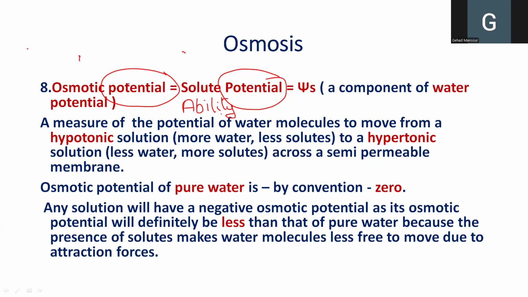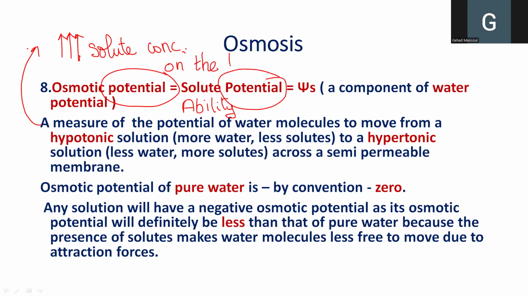And of course, it is related to solute concentration. So this osmotic potential, which is the ability of the water molecules to pass from the hypotonic side to the hypertonic side, will increase as you increase the solute concentration on the hypertonic side.